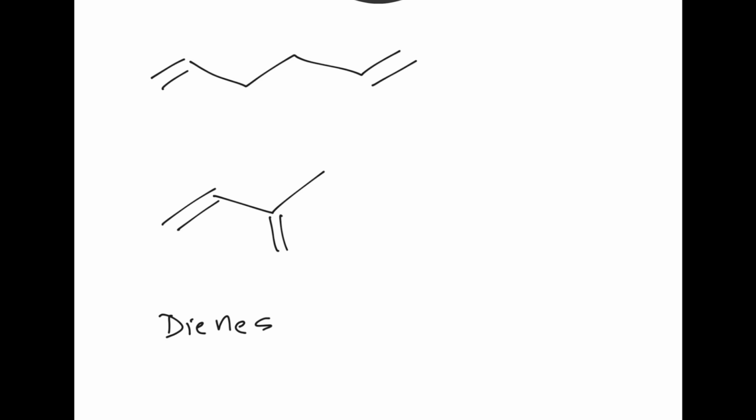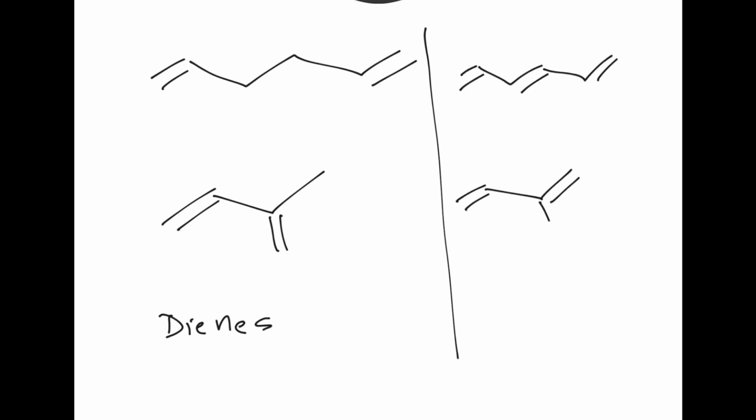Di for 2, ene for double bond. Triene, again, it doesn't matter how they're arranged, just as long as there are 3 double bonds in the molecule, it's a triene.